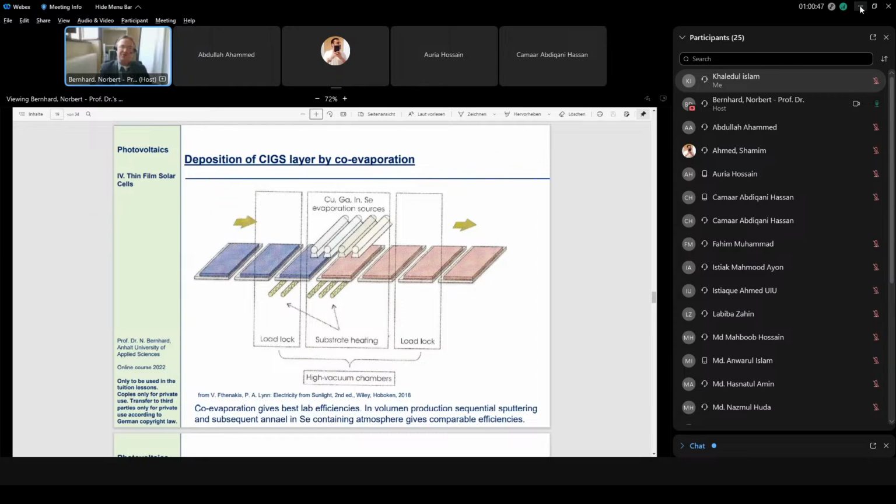That means, you see, this is now the first example where we use an electrolyte instead of a solid for at least one of the two contacts.